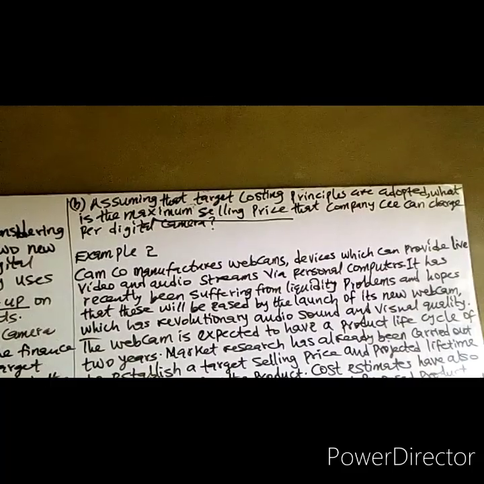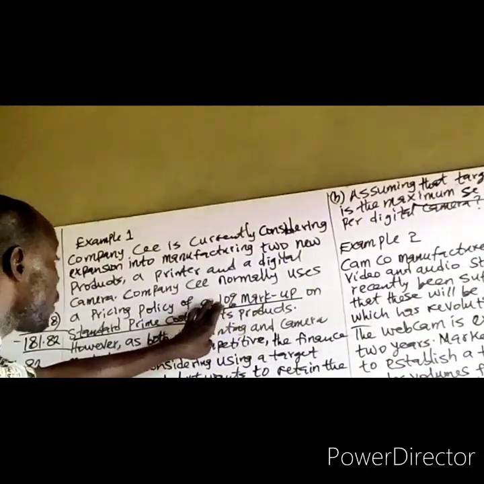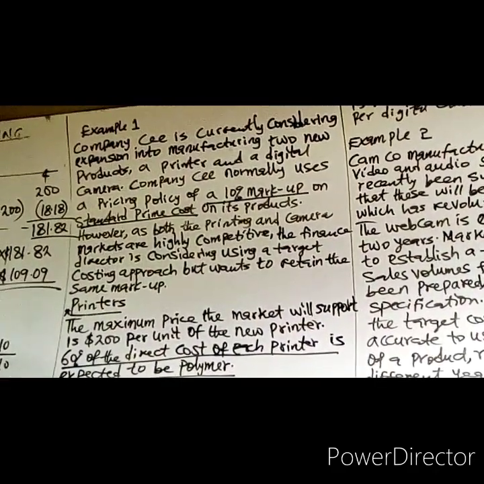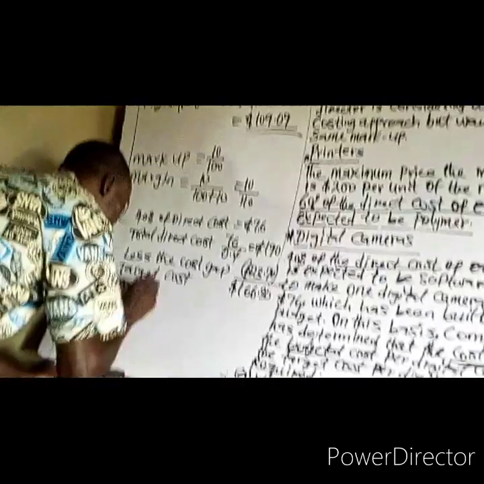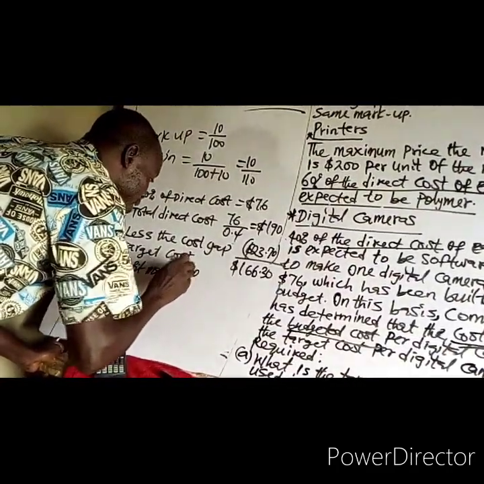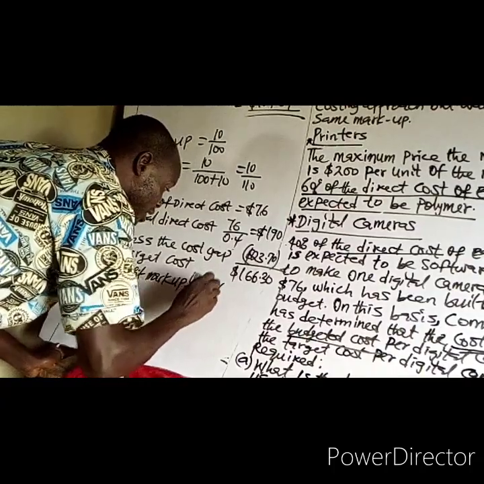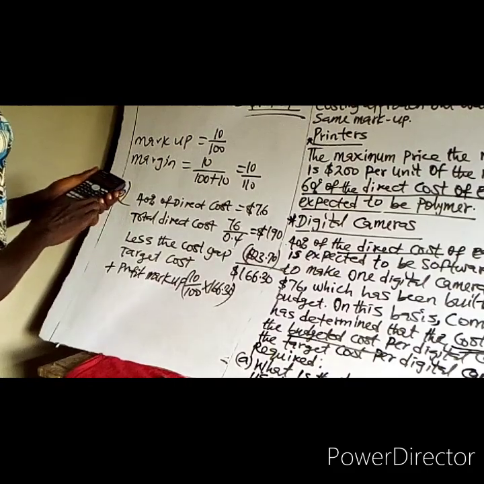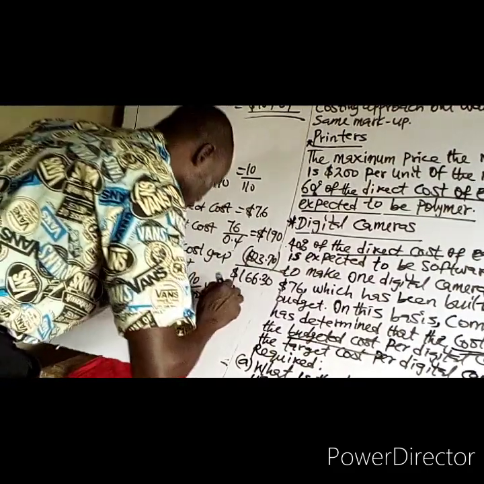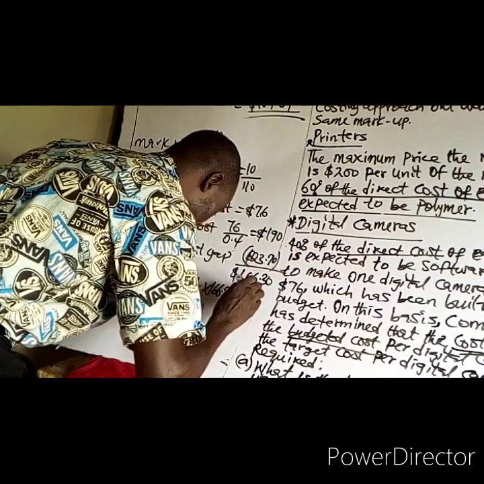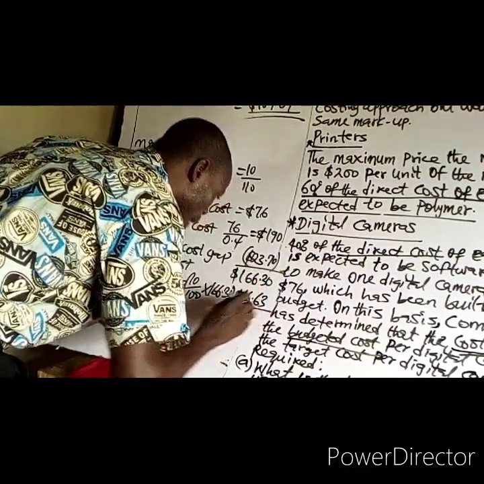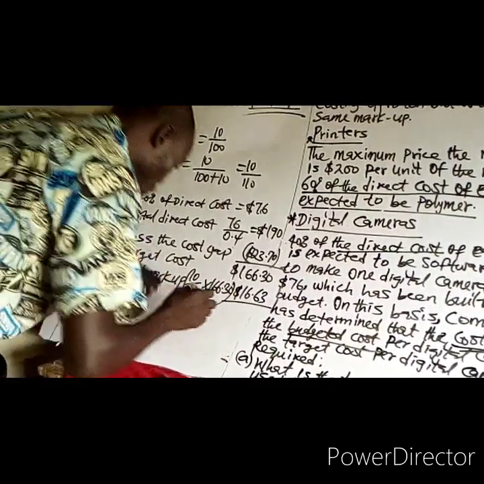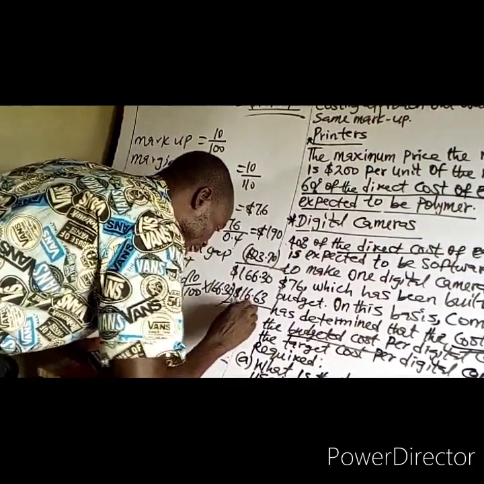This is the target cost, and you add a profit markup of 10%, which is 10 over 100 times 166.30. 10% of that will give us $16.63. So when you add it to 166.30, then we have 182.93.